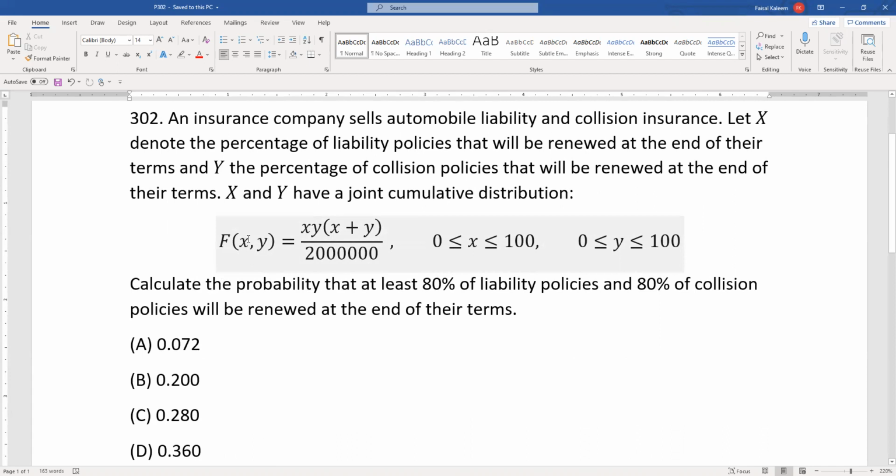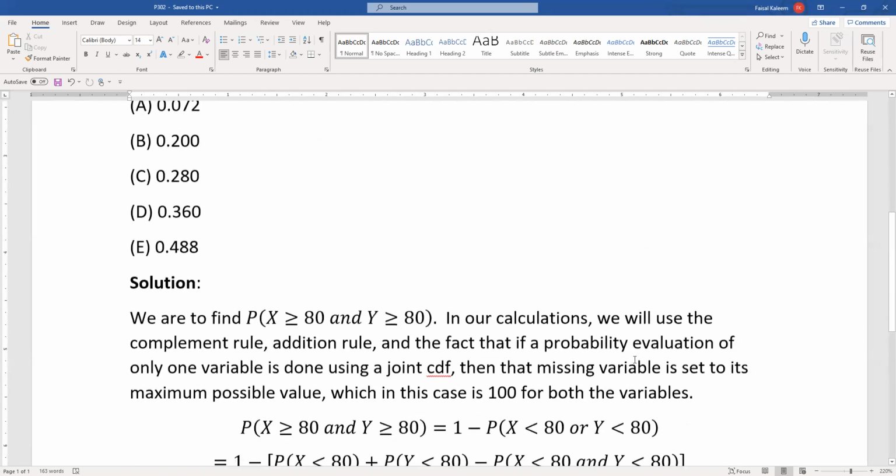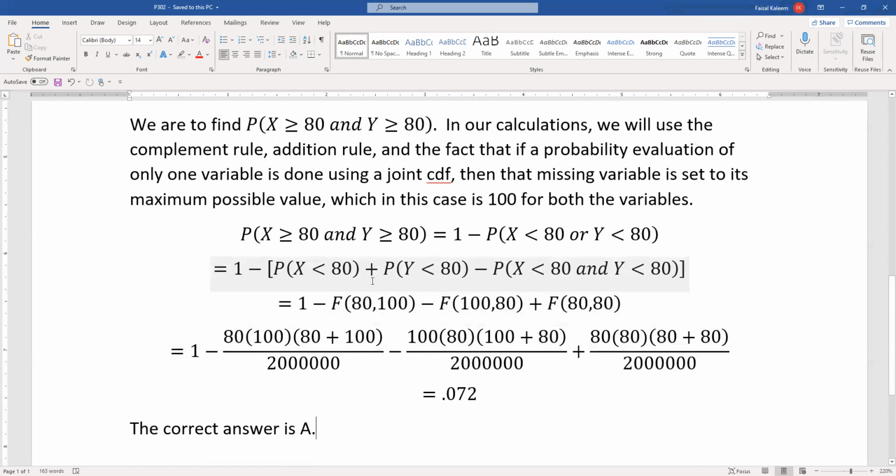So the probability X less than 80 will be obtained by substituting 80 for X and the maximum value for Y, which in this case is 100. So the probability X less than 80 would be the big F of 80, 100.